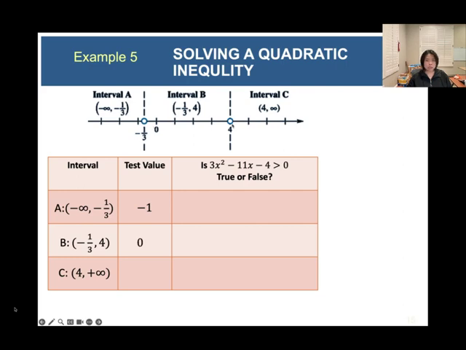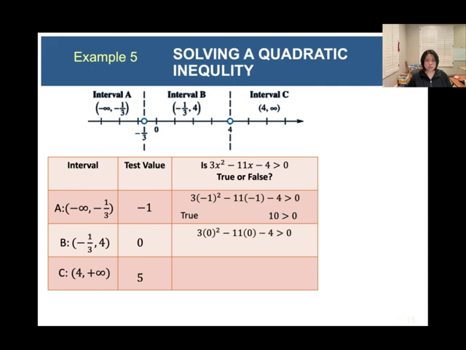For the last one, you can't plug in the 4 because this is strictly greater than, not equal to 4, so you can put 5 here. And then plug into the original quadratic inequality. You should get 10 strictly greater than 0, so this is a true statement.